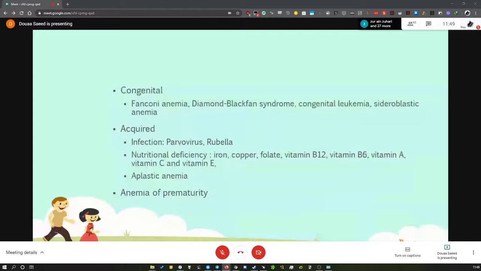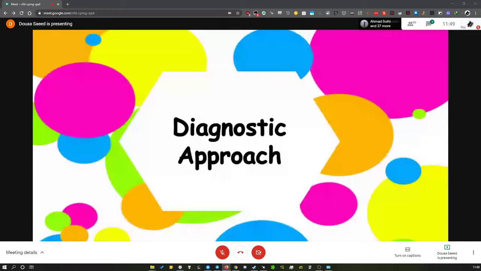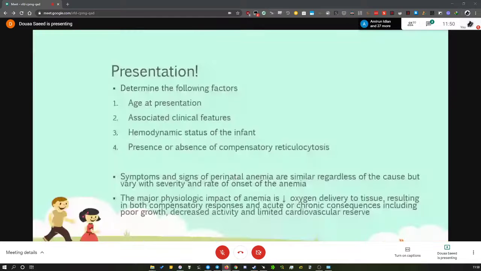Okay. So we will move on to the diagnostic approach. On presentation, we have to always determine the following factors: the age at presentation, any associated clinical features, the hemodynamic status of the infant, as well as the presence or absence of a compensatory reticulocytosis.